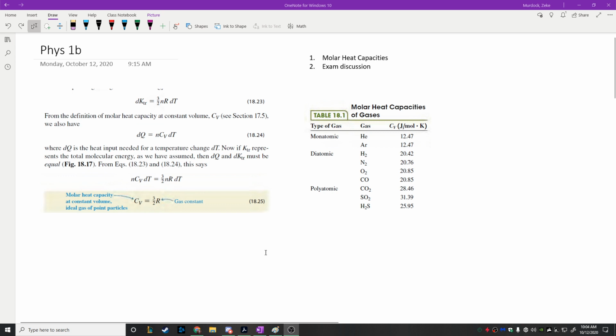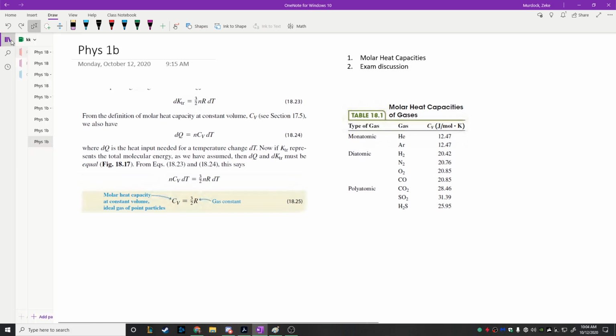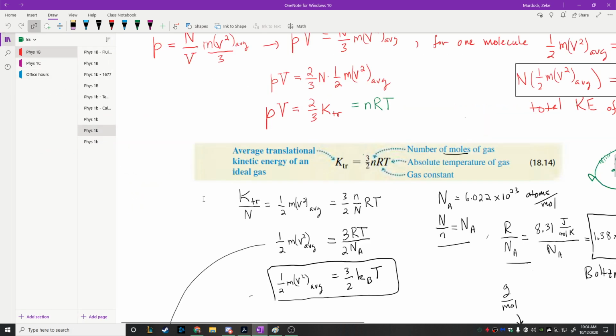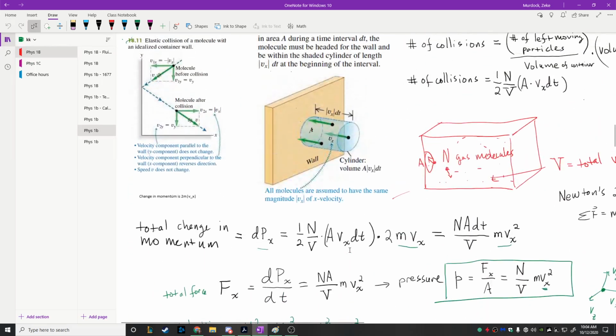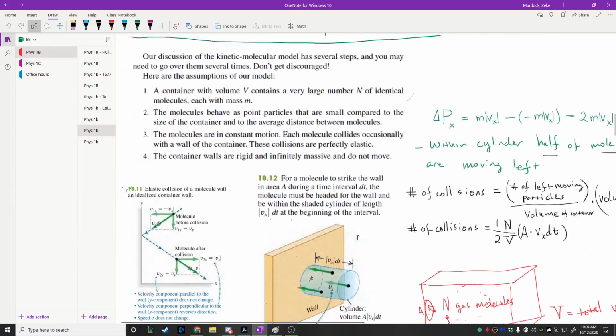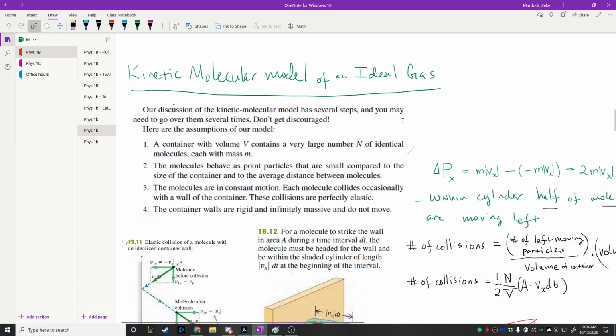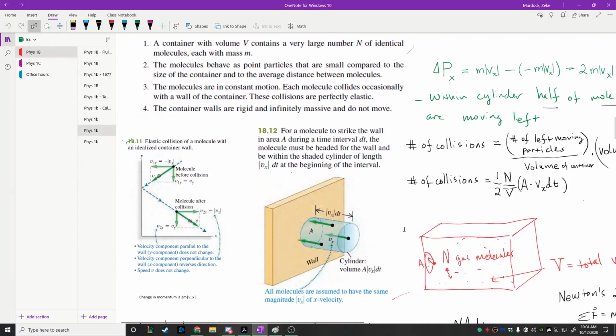So just as a matter of review, one of the things we derived last time is this first equation right here. We spent quite a bit of time going through a derivation. We wanted to understand how an ideal gas works, and we treated the ideal gas as made of a bunch of particles.